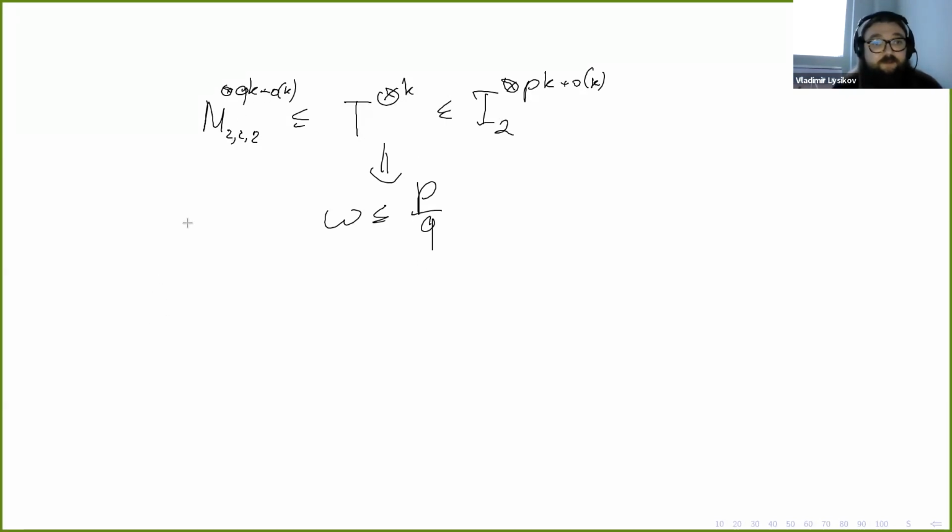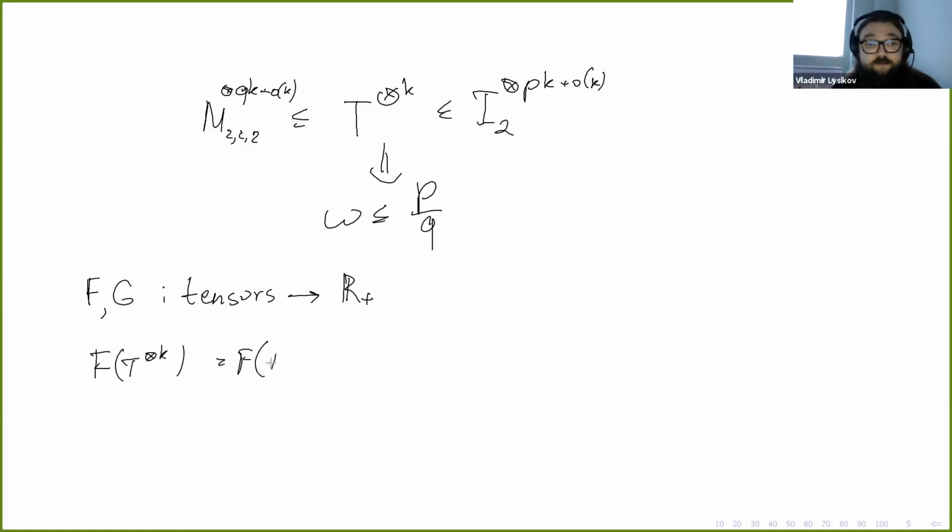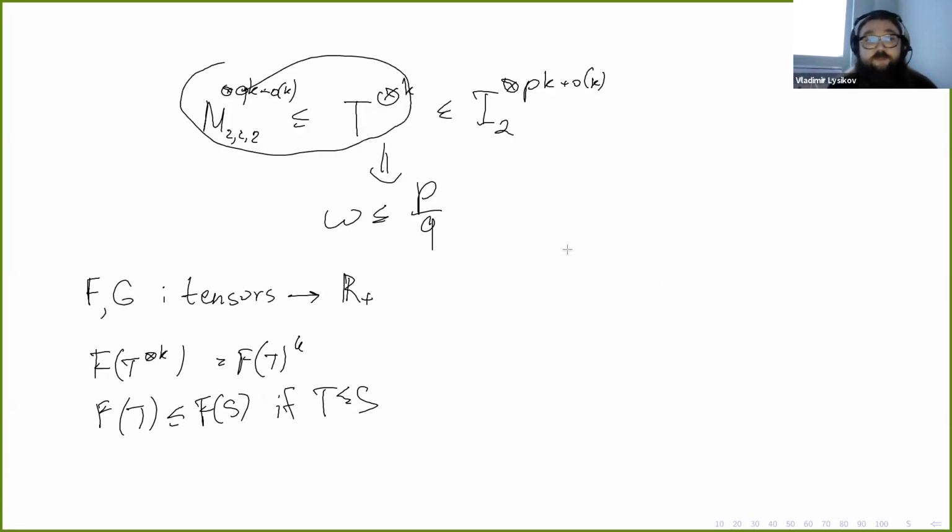Now, if you take any maps from tensors to real numbers which have nice properties, as we discussed previously, so f of t to the k is f of t to the k, and f of t is at most f of s if t is a restriction of s. Then from the first part of the inequality, we get that f of matrix multiplication to the power of q is less than f of t.